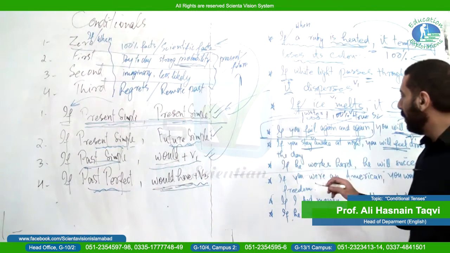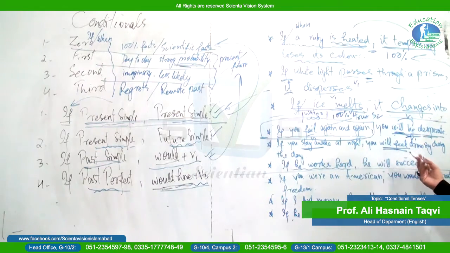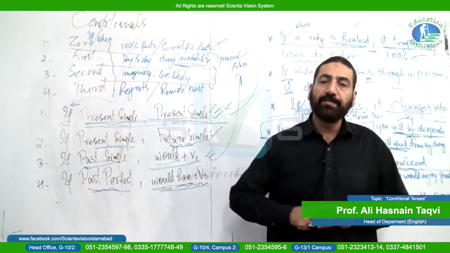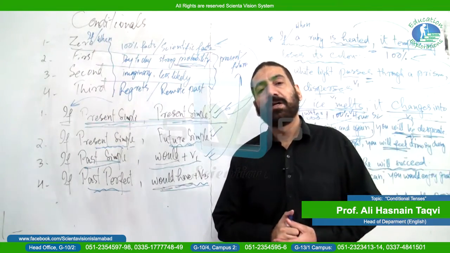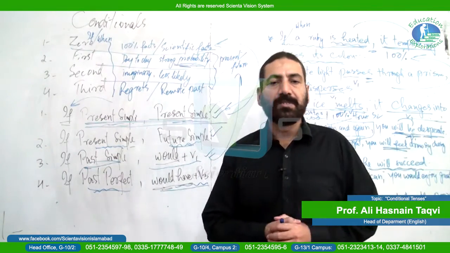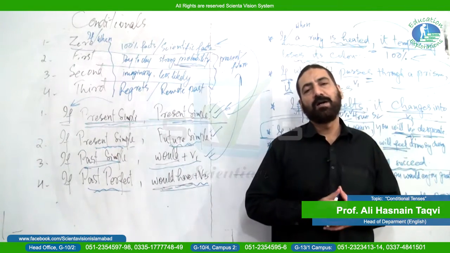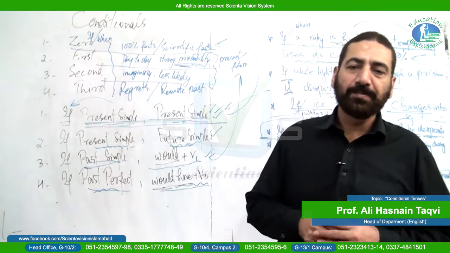Again, let's move to the third sentence. If he works hard, typical sentence, quite often you have heard of that. If he works hard, he will succeed. Why haven't we said he succeeds? Because if we say if he works hard, he succeeds, that means there is no other possibility. But you know our exam system, you know our teachers, you have read that story that talks about the cruelty of your paper setters.